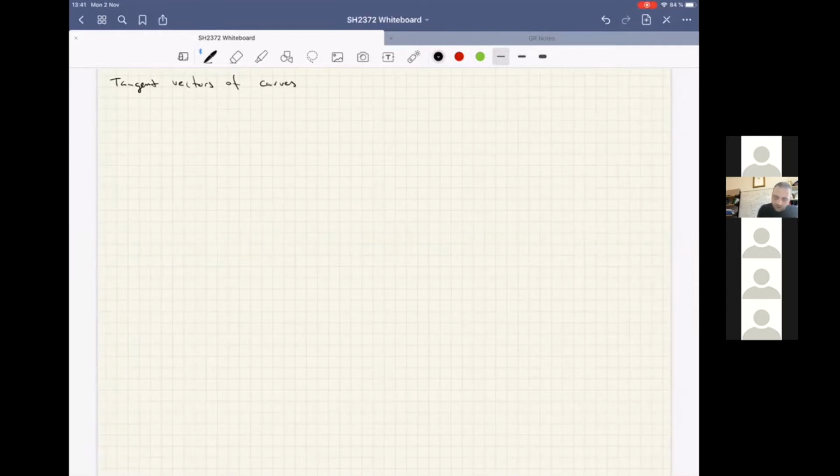So if you take a curve like this, gamma, then at some point here, we're going to have a tangent vector in Euclidean space. I'm going to call this gamma dot now. We define gamma dot in Euclidean space as the derivative of the position vector with respect to the curve parameter s. So we would have a curve parameter s here that would parameterize the curve.